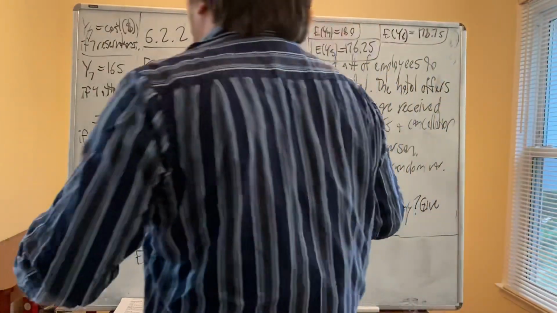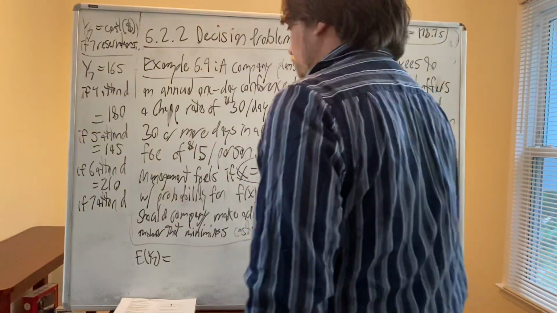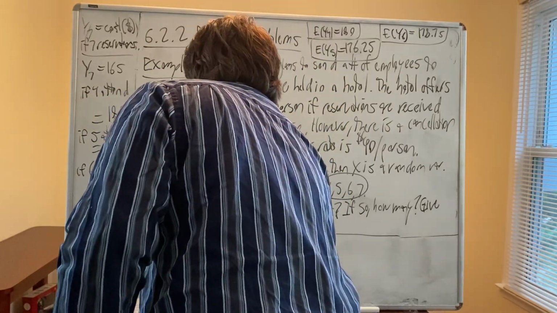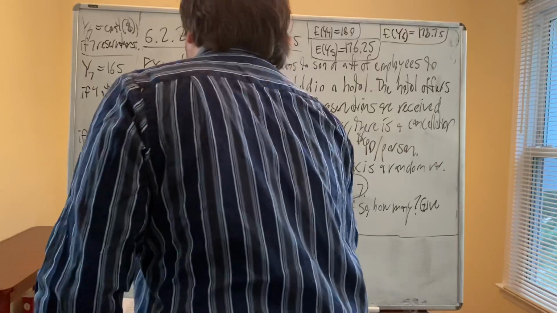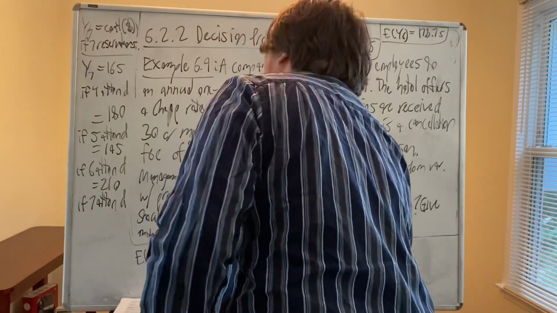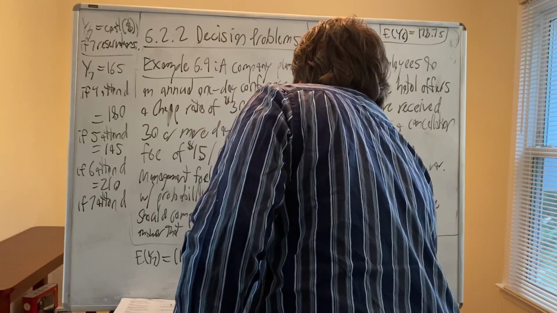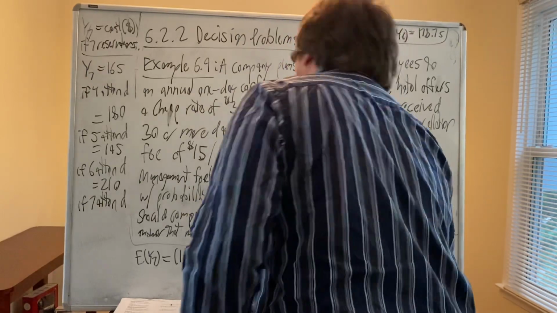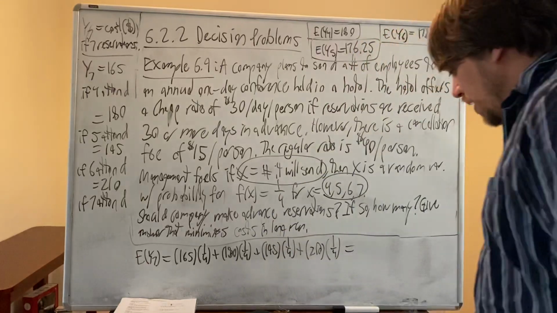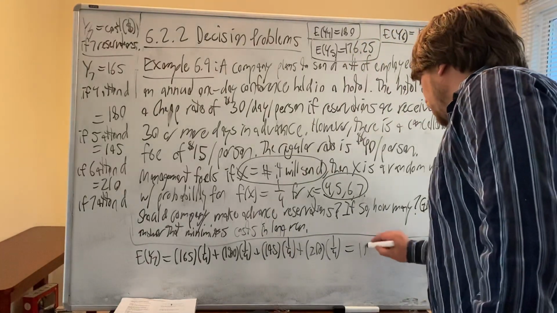Each of those values has probability 1/4. You multiply each of them by 1/4 and add the products. So it's 165 times 1/4 plus 180 times 1/4 plus 195 times 1/4 plus 210 times 1/4, and you add up the products and you get 187.50.